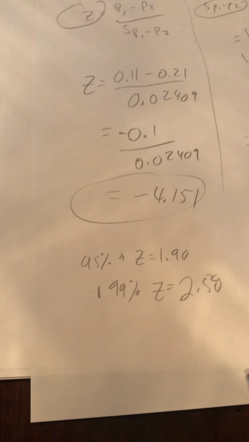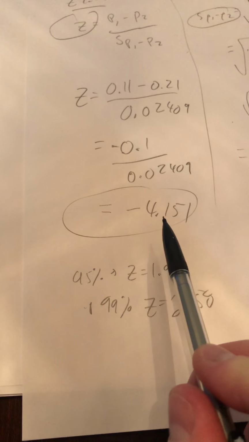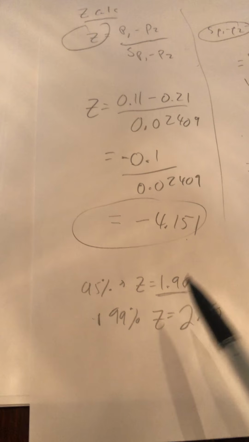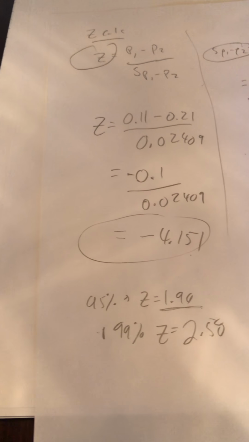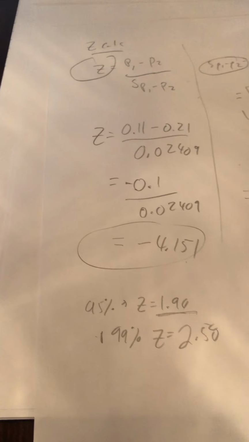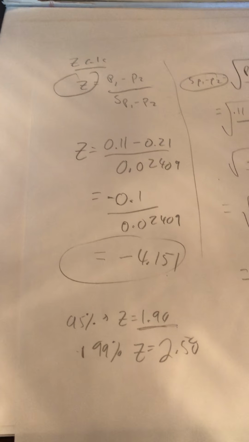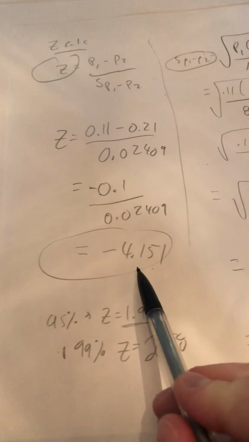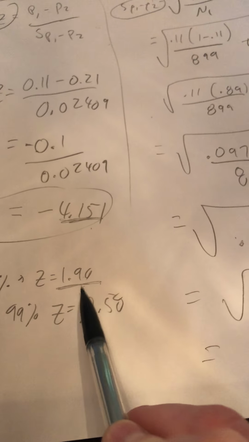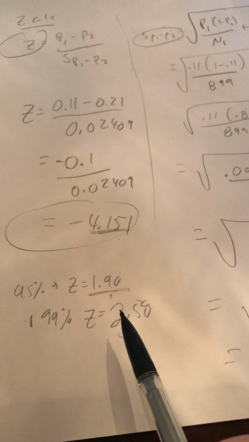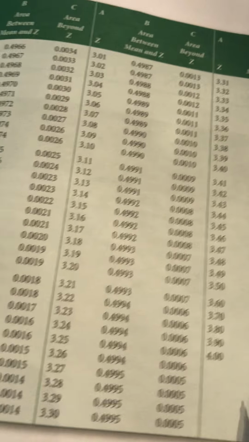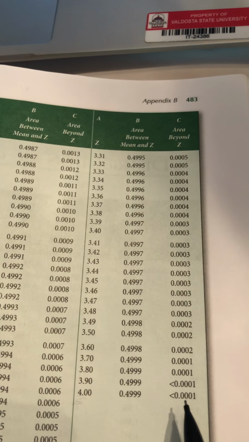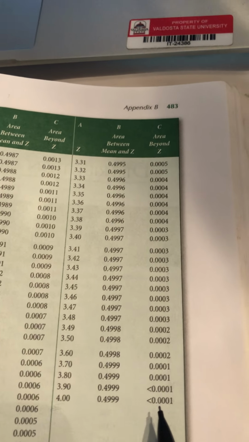If the z statistic that you obtain is higher than the critical z value, then you reject the null. Remember with the last example I did, the t test statistic was less than the critical value, so you went with the null. In this case, we have a z statistic that's higher than the critical value, so we reject the null. The other way to think about it is when you look up z equals 4, you can see that the area beyond z is less than 0.0001.